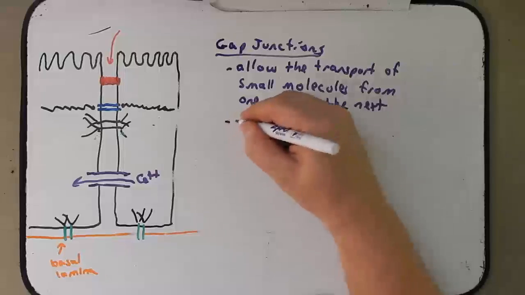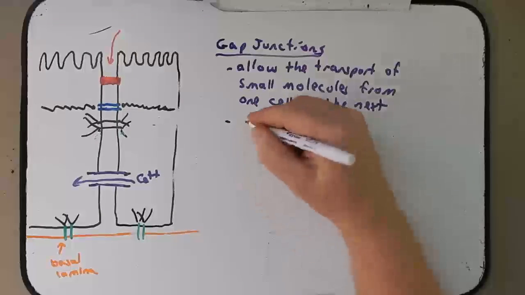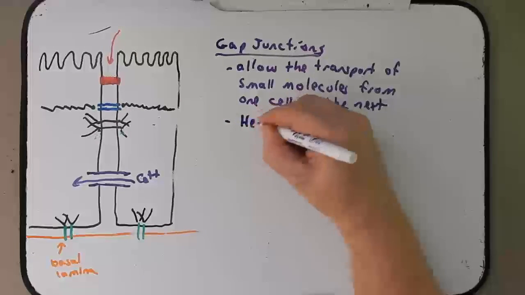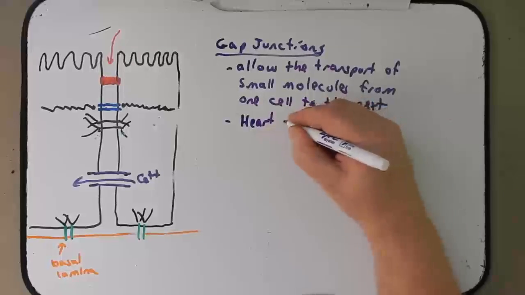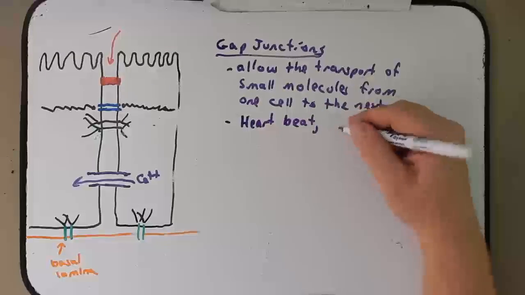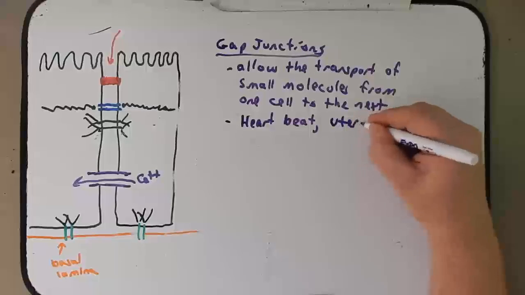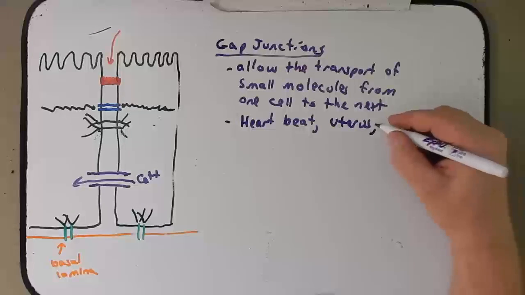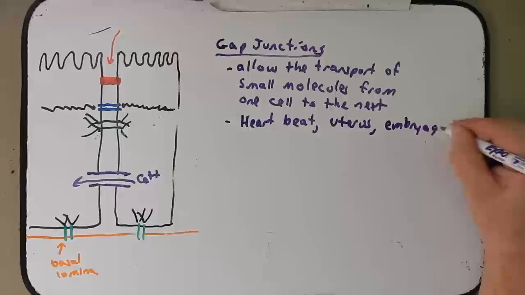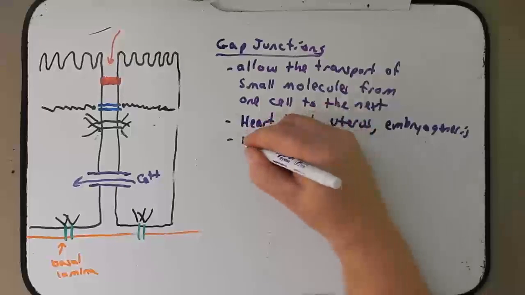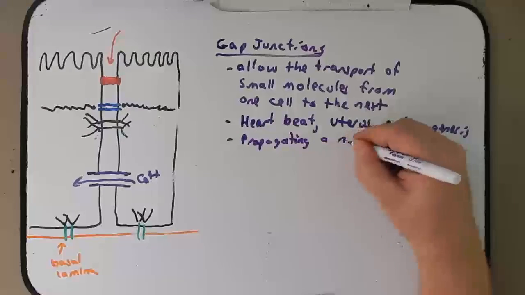These are important in establishing that rhythm of muscle contraction for your heartbeat, the rhythm of contraction necessary in the uterus during childbirth, some coordinated behavior that's necessary during embryogenesis. It's important in propagating a nerve signal.